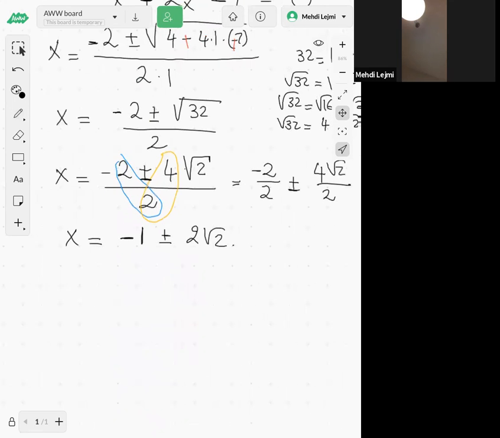Now, we have the last step, so we have to check if the solutions are well defined.